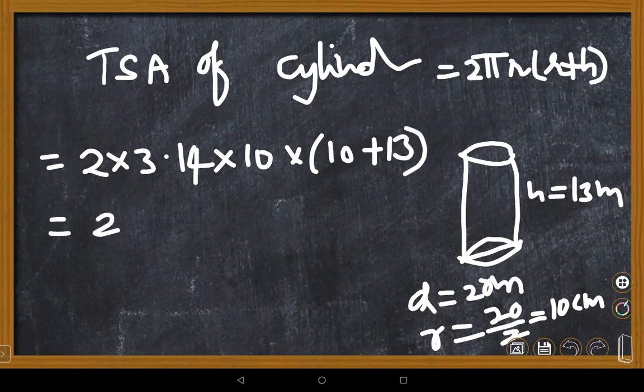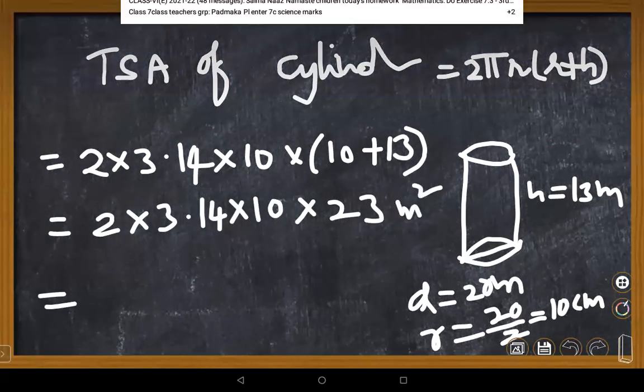So 2 multiplied with 3.14 multiplied with 10 multiplied with 23. Come on, children, any simplest way to solve this question? Instead of 22 by 7, take 3.14. Please simplify and give the answer.